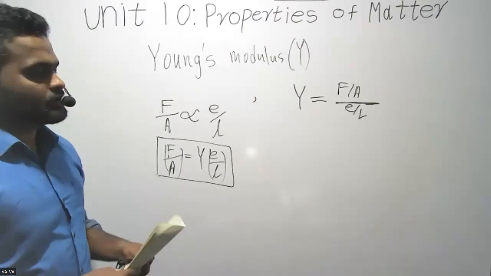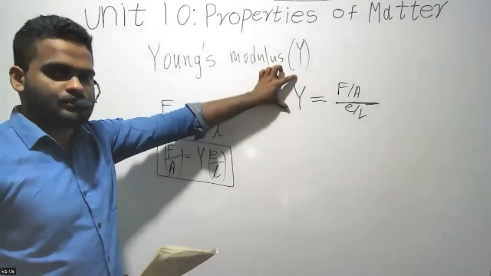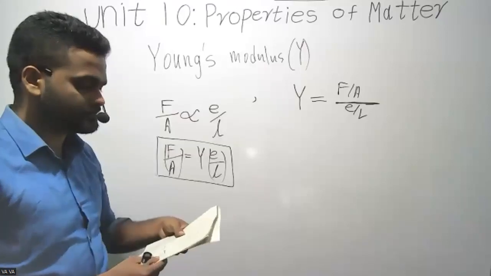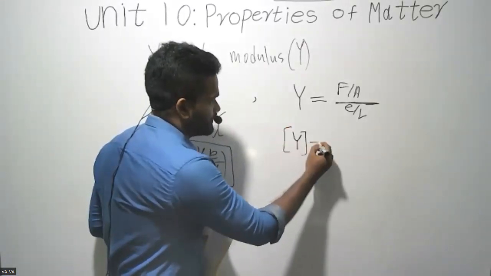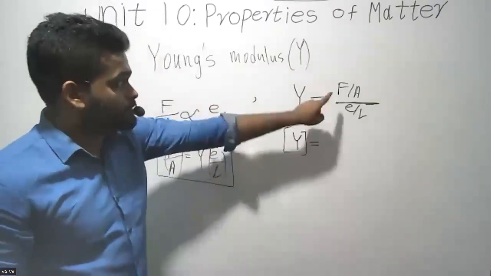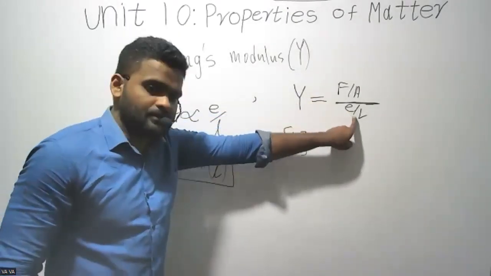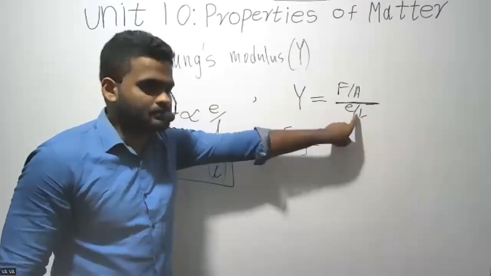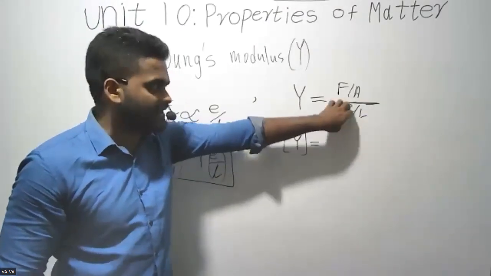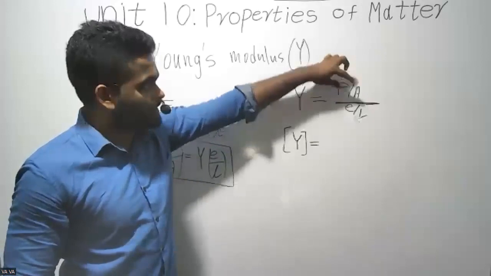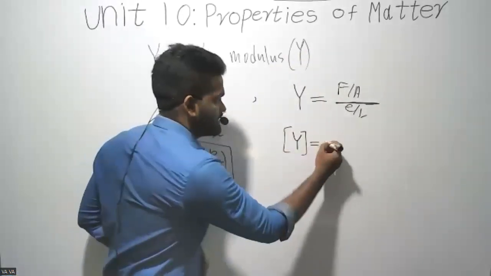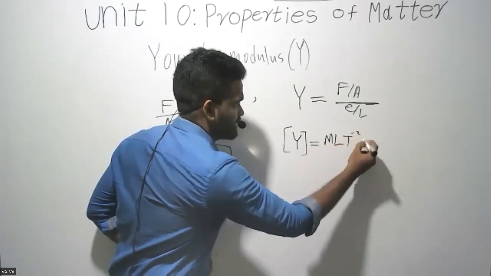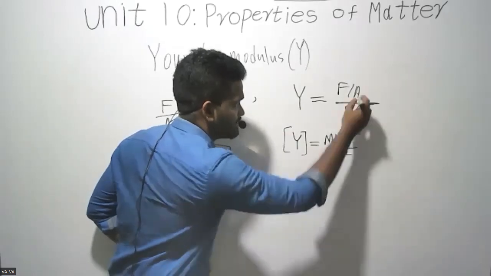Okay, then I'm going to talk about dimensions and units of Young's modulus. Under that, you can write this. So what is the dimension? Strain doesn't have dimensions, it is length divided by length. Force divided by area: force is MLT minus 2, divided by area, L squared.